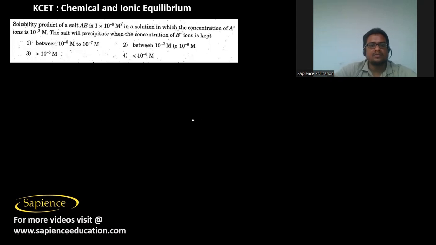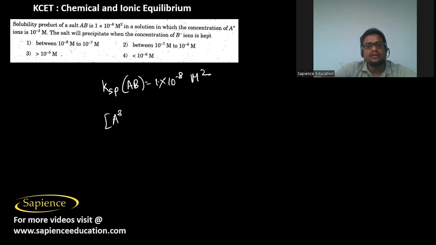Then here it is told the solubility product of a salt AB is 1.1 into 10 power minus 8 molar square, in a solution in which the concentration of A plus ion is 10 power minus 3 molar. The salt will precipitate when the concentration of B minus ions is kept. Okay.